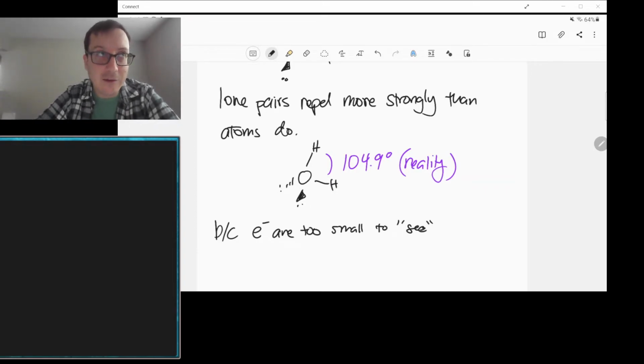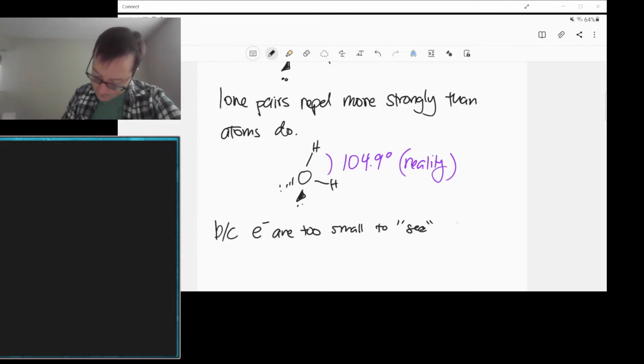We can kind of. There are some pretty cool electron micrographs of some pretty small things. We can see kind of the effects of atoms. But atoms are much, much larger than electrons are, right? So we don't really see them.